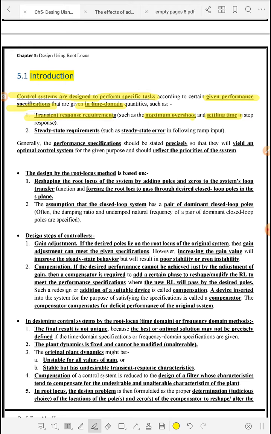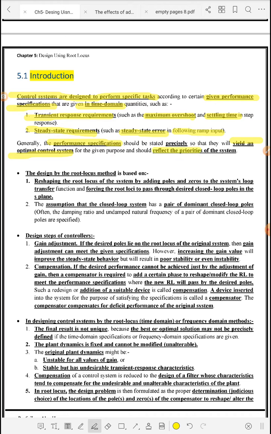And the second part is the steady state requirement, that is related to the steady state error due to step input, that we have previously covered in the previous chapters. And those performance specifications don't yield one optimal solution, and they might result in more than one design for the controller.